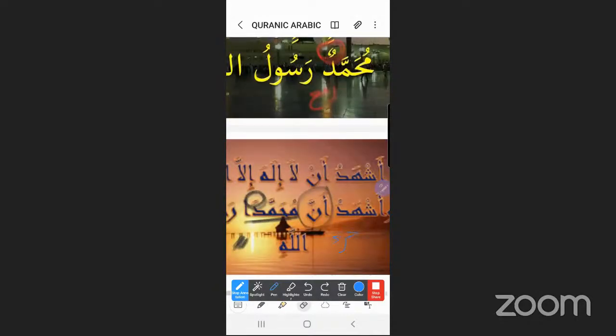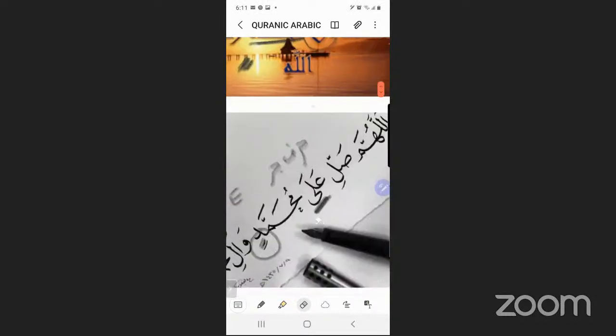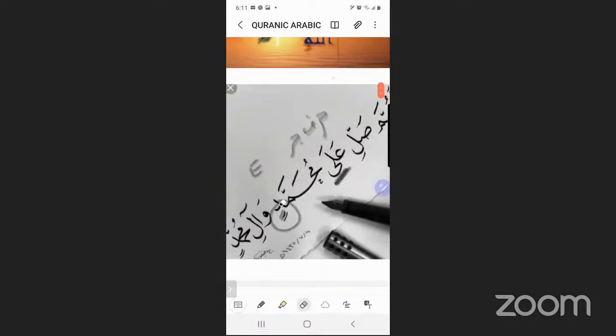So harf nasab makes it Muhammadan. And here harf jar ala, on, makes it Muhammadin, majrur. Because of harf jar it became Muhammadin. Muhammadun, Muhammadan, Muhammadin.